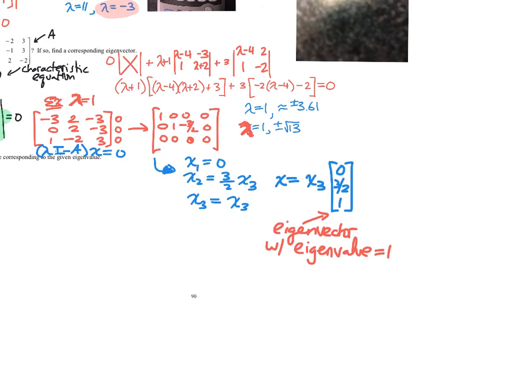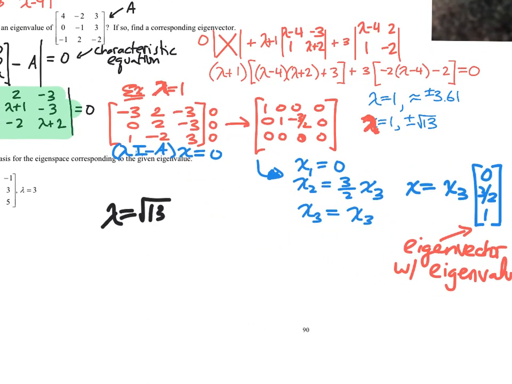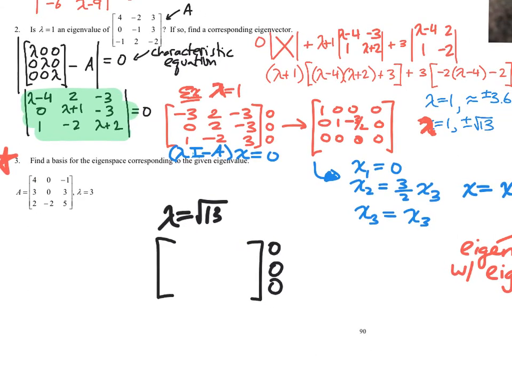All right, so if lambda is equal to root 13, everything else in the matrix is going to be essentially the same except for the values along the main diagonal. So it's going to be rad 13 minus 4, then 2, negative 3. Then 0, then rad 13 plus 1, negative 3.